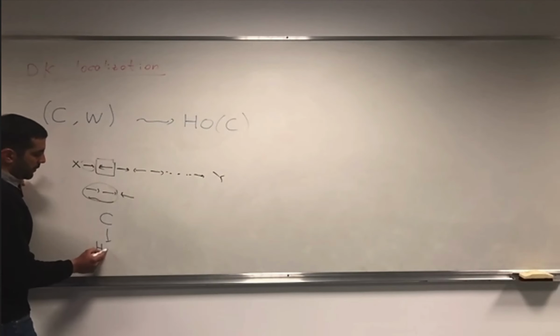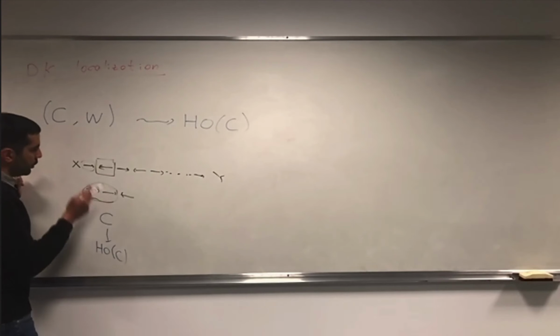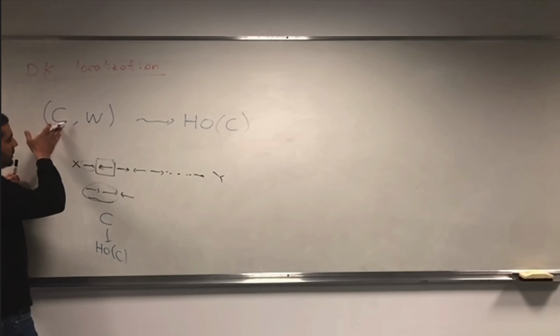Then we have the obvious functor from C to this category, because every map in C appears here, right?